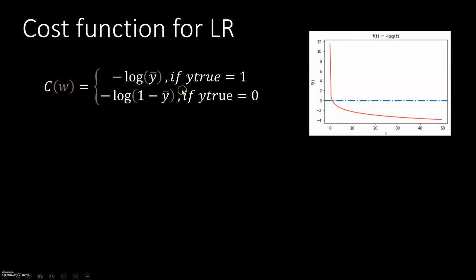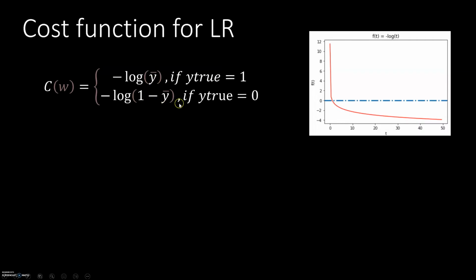Let's say the true label for a sample is 1, but the model predicts a value close to 0, which means the prediction is far from the true label. In that case, negative log of y bar will be a very high number, which means we are penalizing the model because the prediction was very wrong.